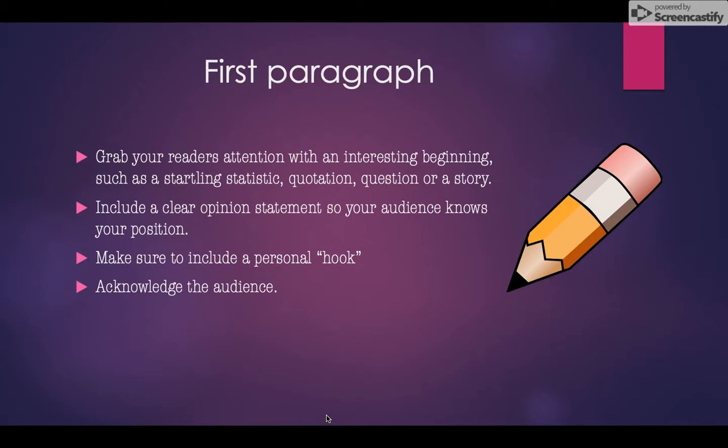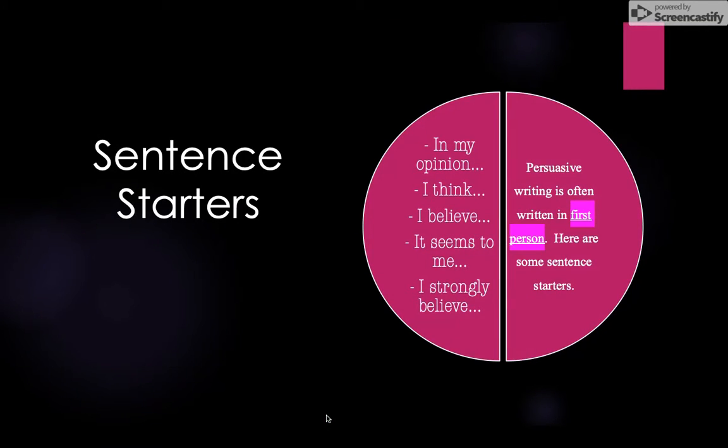Make sure to include a personal hook and or acknowledge the audience. Then, here are some examples. Persuasive writing is often written in first person. So, I provided some different sentence starters to help you get started, such as, in my opinion, I think, I believe, it seems to me, or I strongly believe.